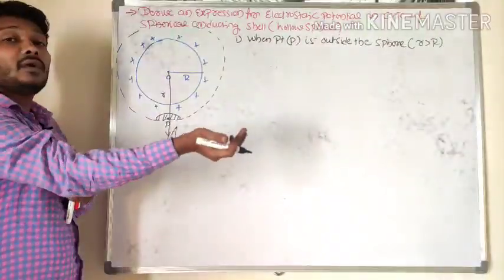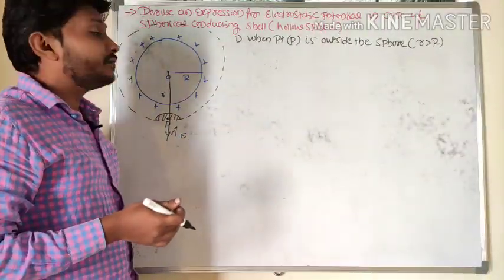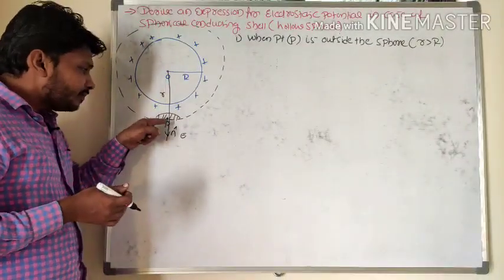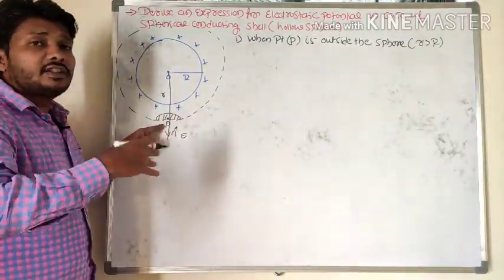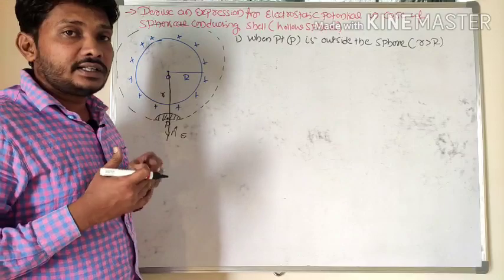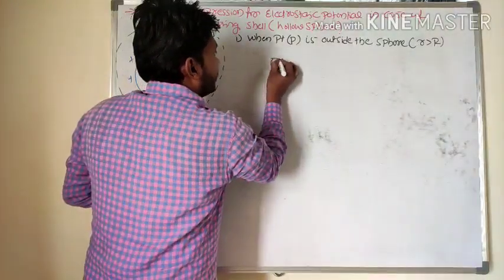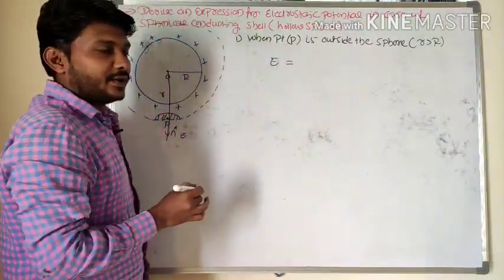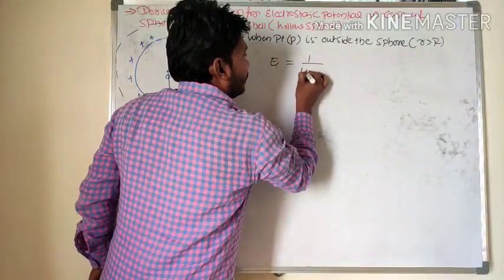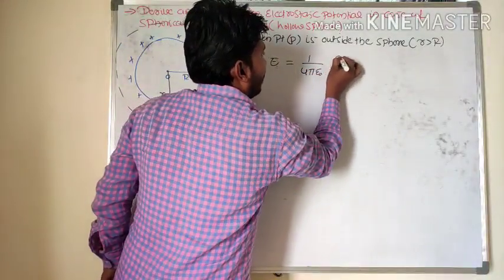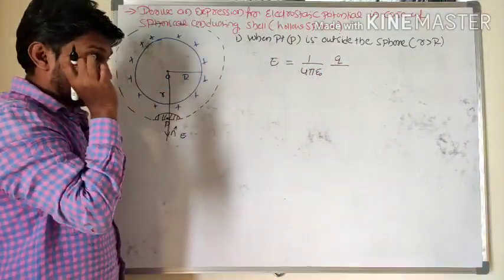What is the equation I got for the electric field in the case of a spherical conductor when the point of observation is outside the sphere? Can anybody remind me? E is equal to what? E is 1 by 4 pi epsilon naught q by, what's the equation here?